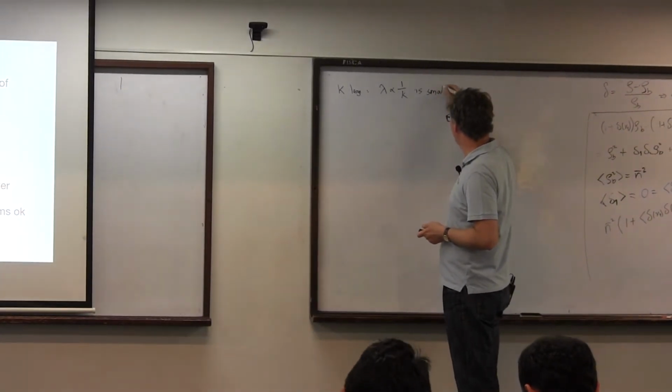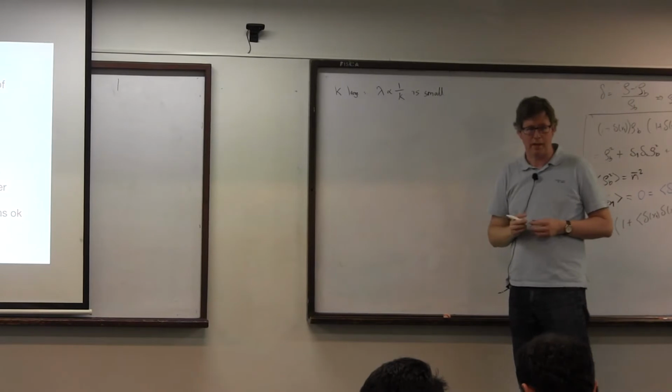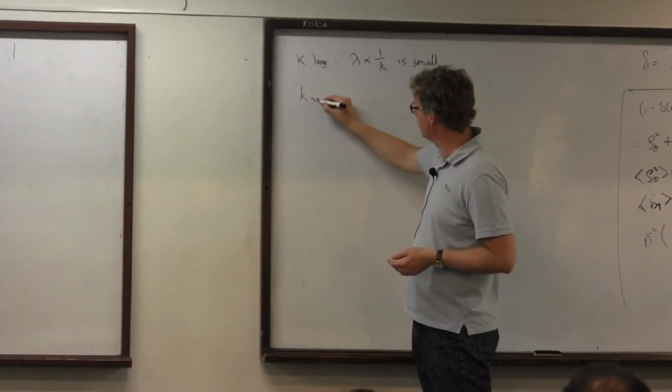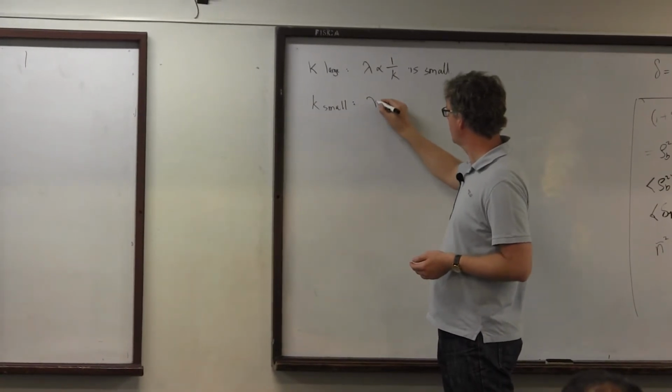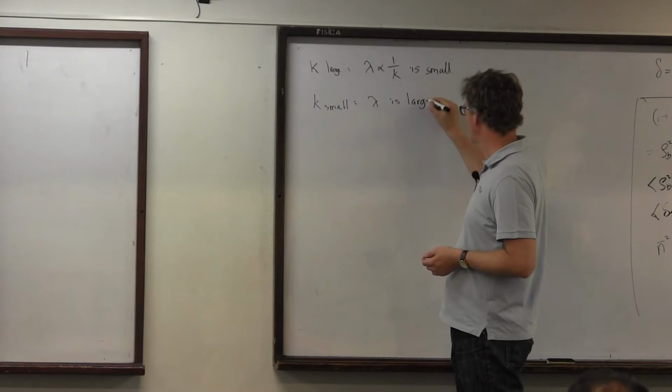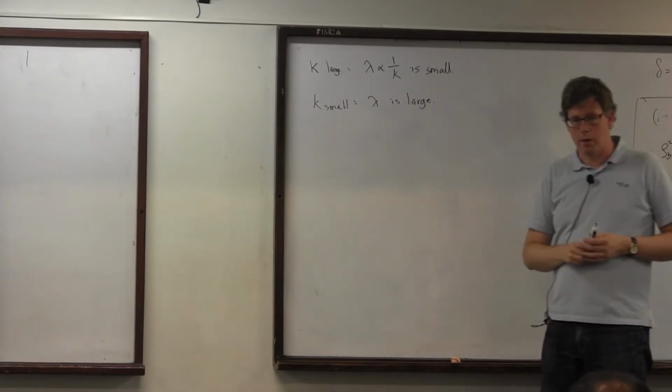So the physical scale is small when k is large, and vice versa, k small means that lambda is large. Okay? Large scales. Okay.